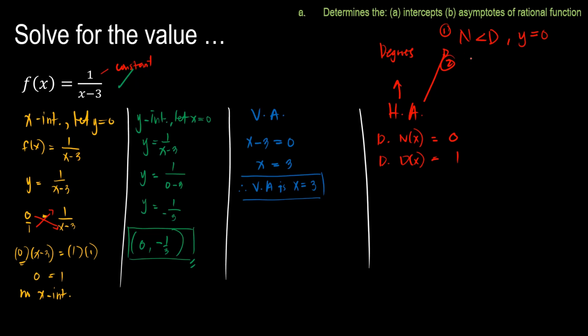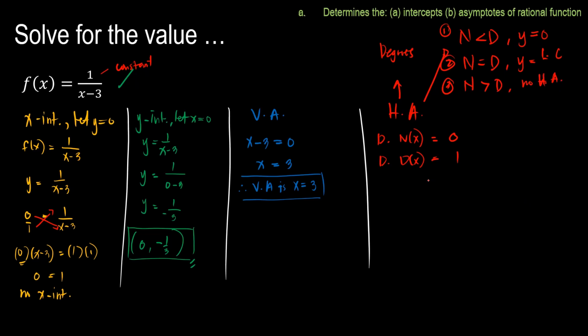Next, our next condition, if the degree of the numerator is equal to the degree of the denominator, then we are going to look for the leading coefficient. Okay? If the degree of the numerator is greater than the degree of the denominator, therefore there is no horizontal asymptote.